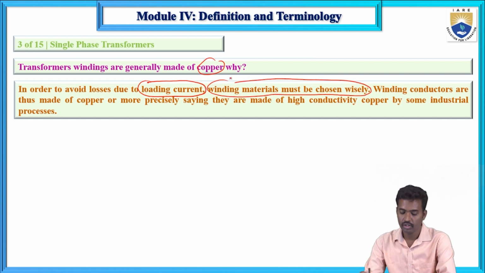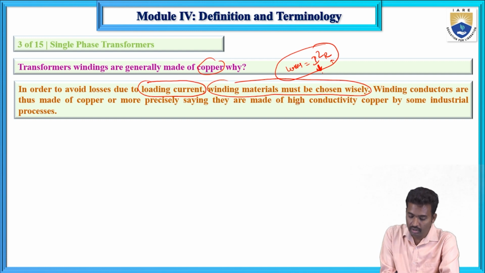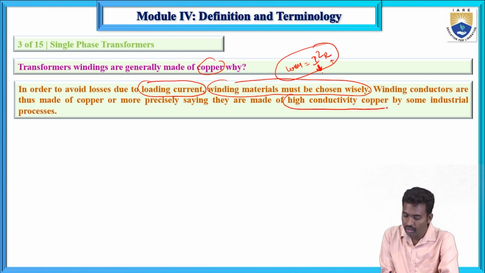Losses means I square R. So this resistance must be low only, which means the material must have high conductivity.